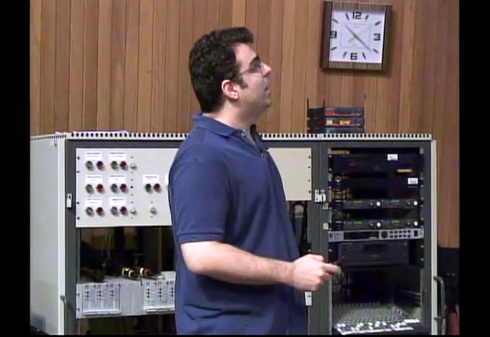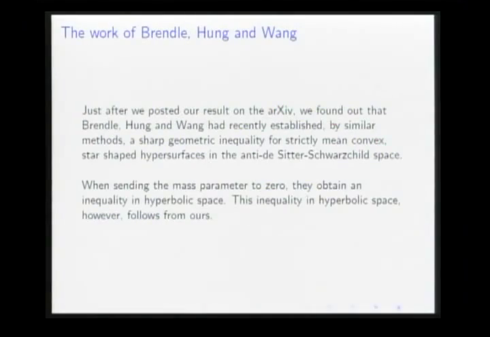Let me just mention a similar work by Brendle, Hung, and Wang. They got a very similar inequality, but in a family of spaces, not only hyperbolic space. But in hyperbolic space, their inequality is actually a little worse than ours.